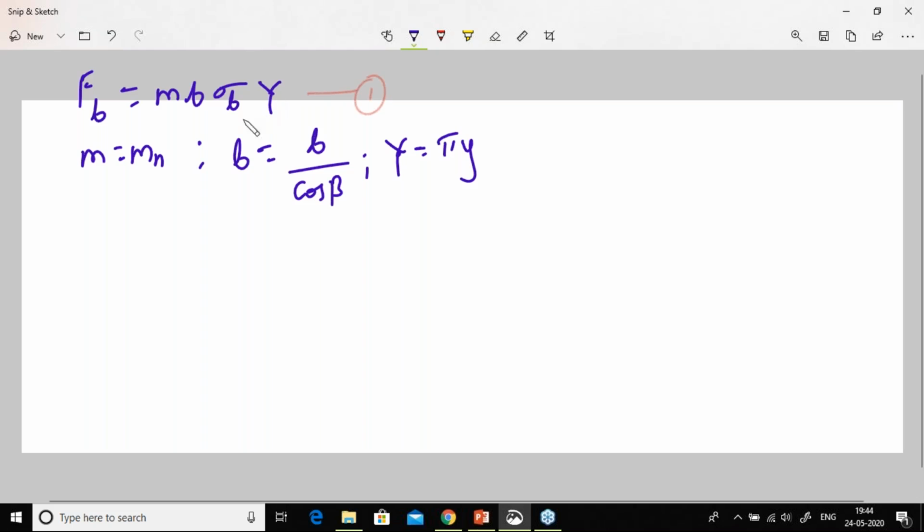Substituting all these values in equation 1, it will be FBN, which is equals to M is nothing but Mn, B is nothing but B divided by cos beta into sigma B into Y we will keep as it is as of now. Call this as equation number 2.